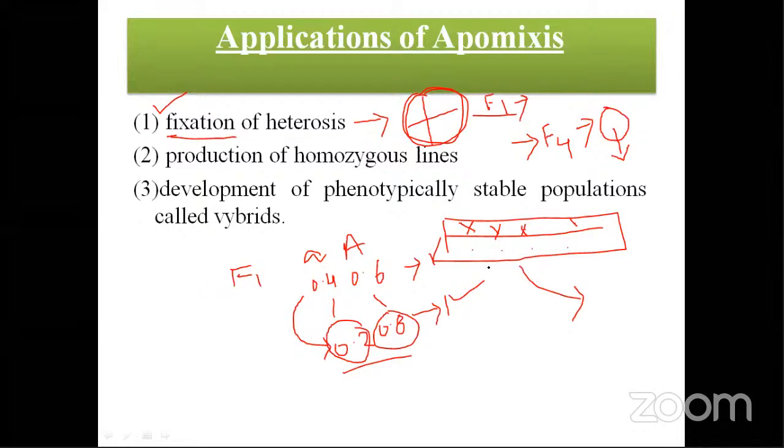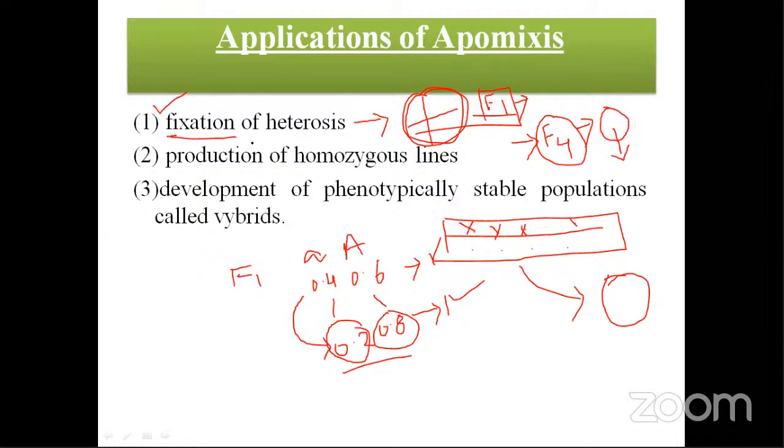In that condition, we can tell that the variability is fixed. Whatever heterosis the plant was showing was also fixed. If the condition pertains to a population other than F1, we can tell that. But in F1 we cannot tell about variability.